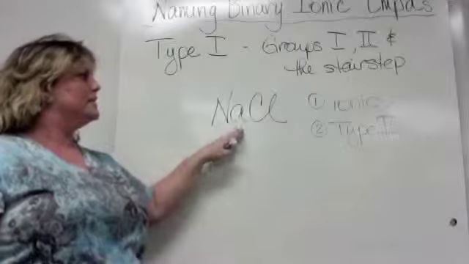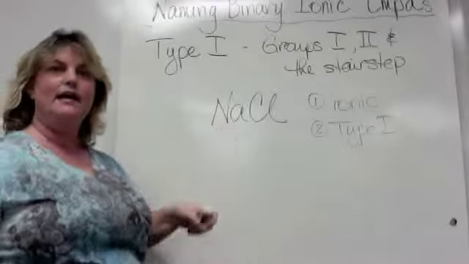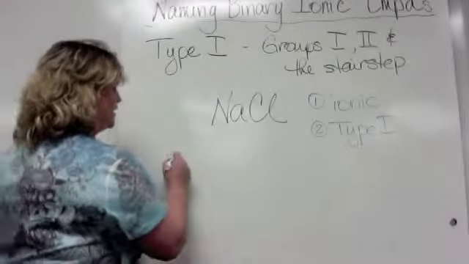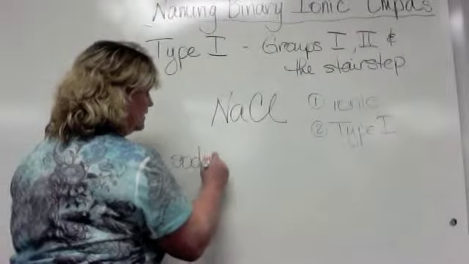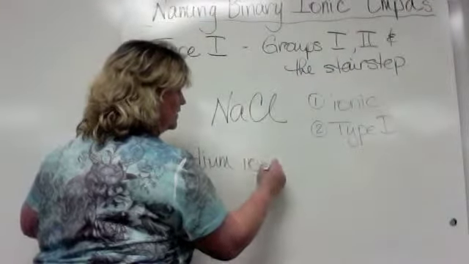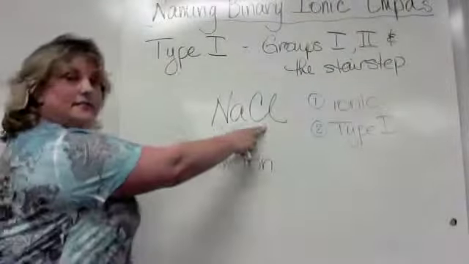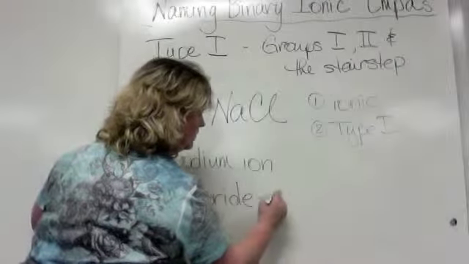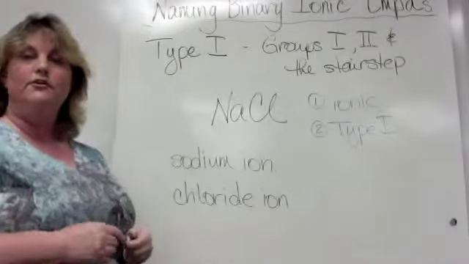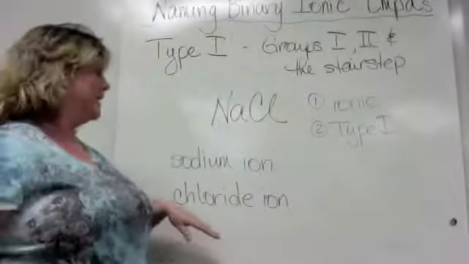So remember, this has the Na, that is the sodium ion, and then the Cl, the chloride ion. Remember, when you're naming ionic compounds or ions, the metal just adds the word ion, and the nonmetal gets this IDE ending and the word ion.